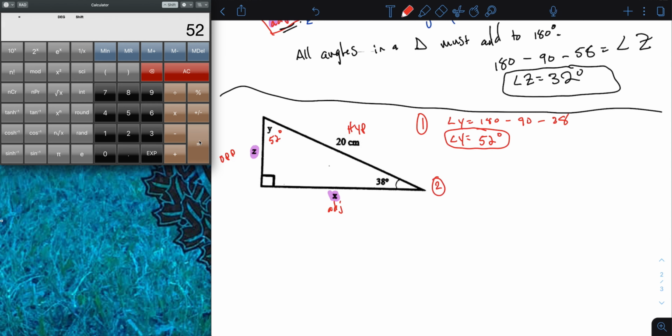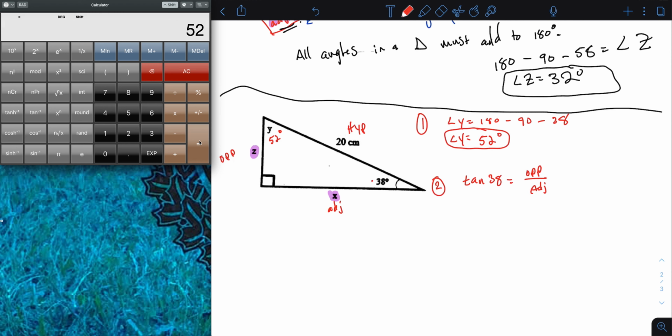Next, let's solve for one of the 2 side lengths. I'm using 38 as my reference angle, so I'm going to go opposite. If I were to use tangent of 38, tangent is always opposite over adjacent.